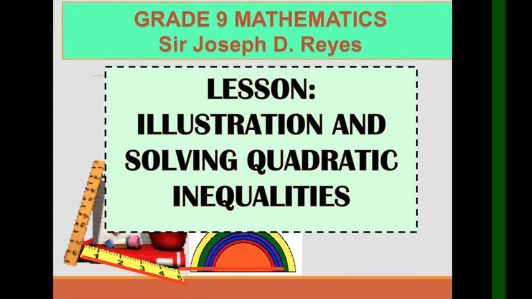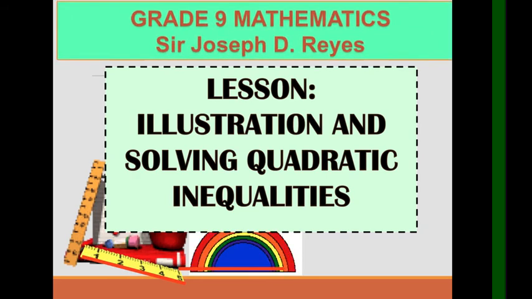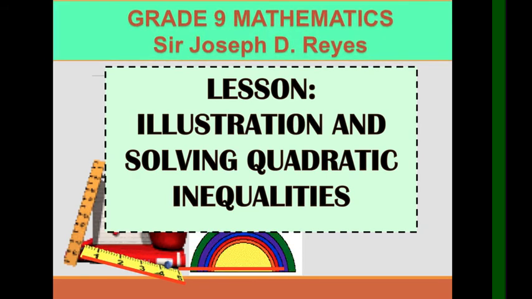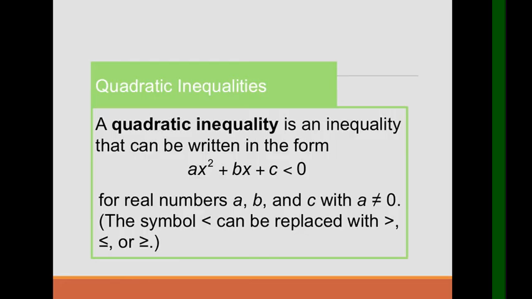And now let's proceed to our main topic for today, which is all about illustration and solving quadratic inequalities. A quadratic inequality is an inequality that can be written in the form of ax squared plus bx plus c less than 0.